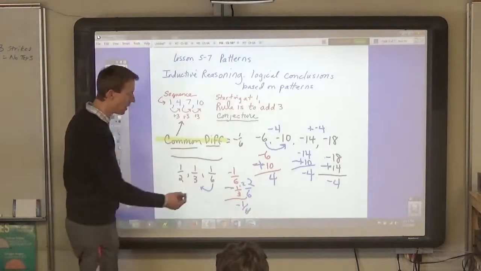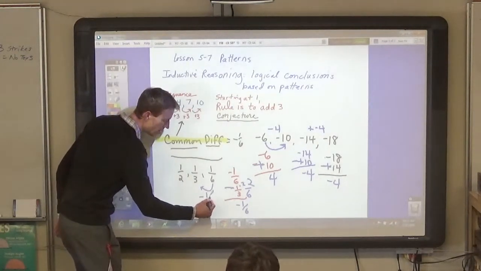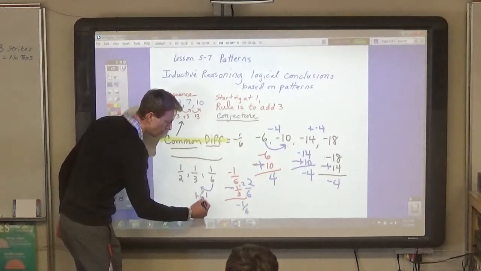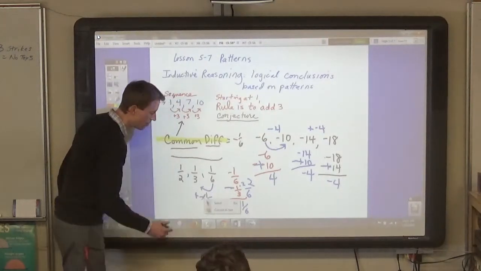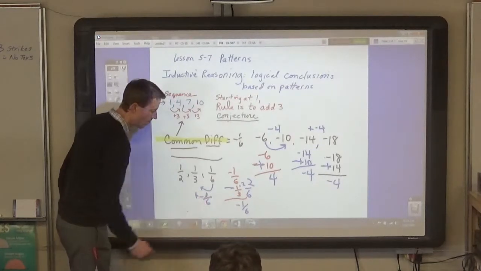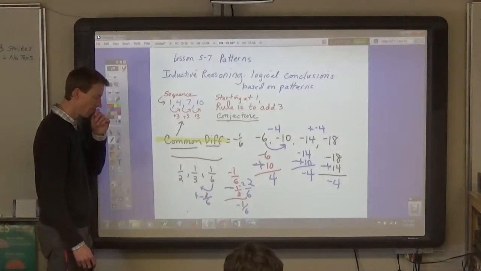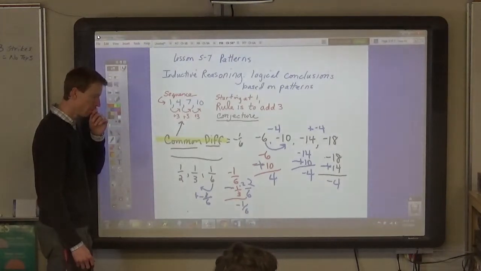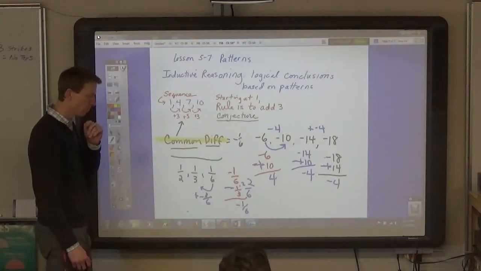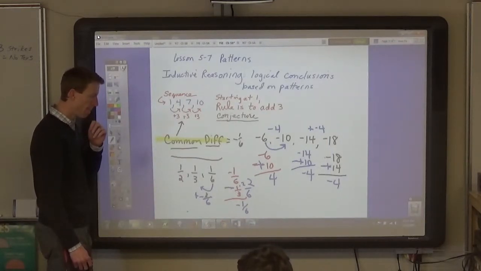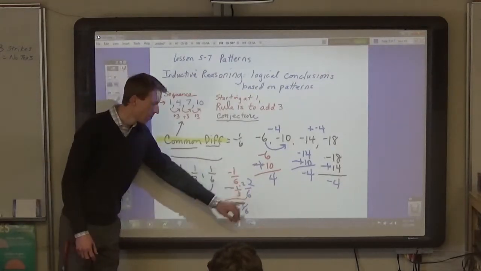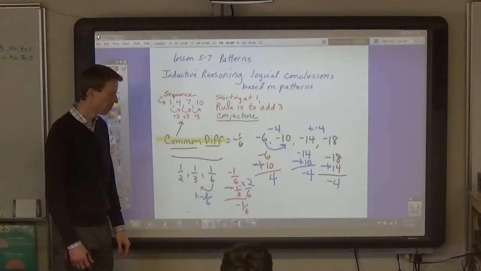So what's the common difference? If it's negative 1/6, it would be negative 1/6 plus negative 2/6, which would be negative 3/6. No, because we're subtracting a positive, so we're adding a negative.